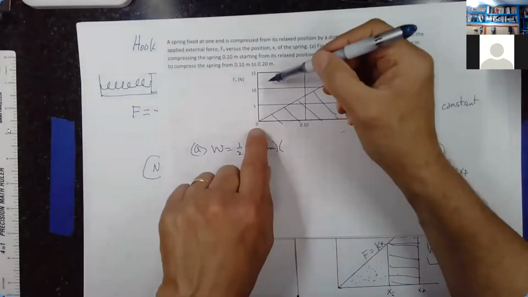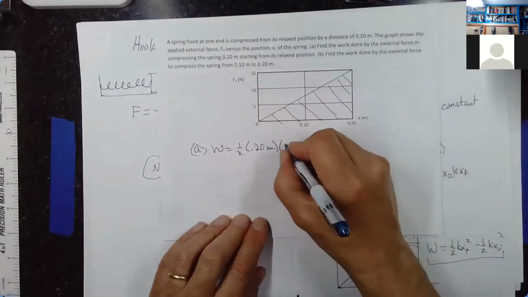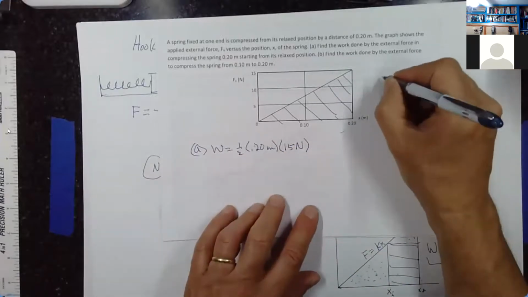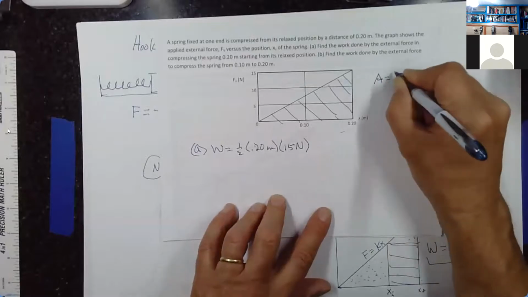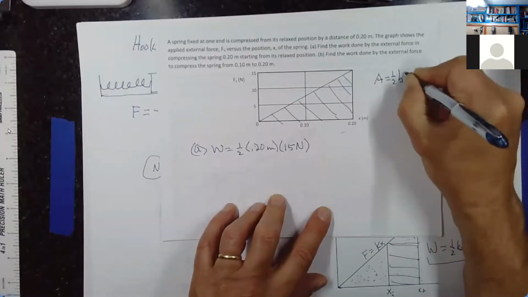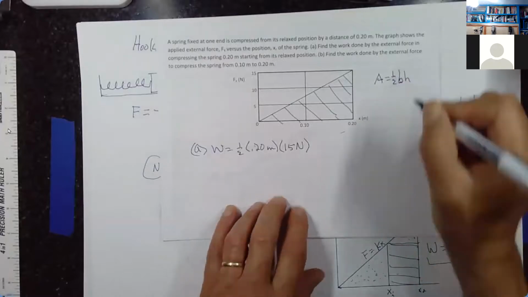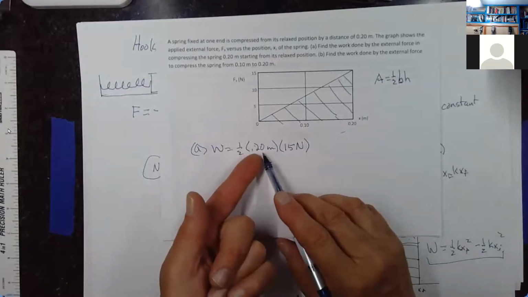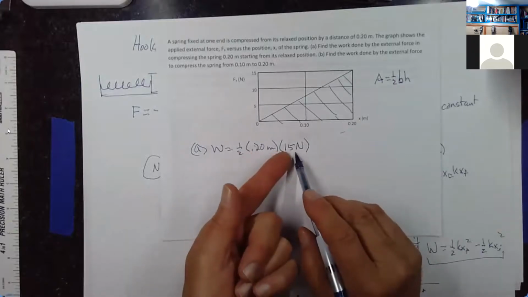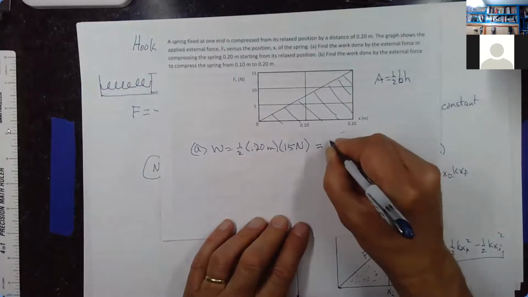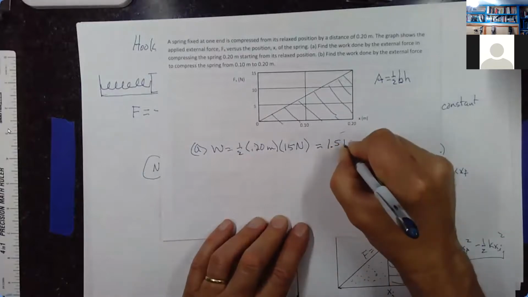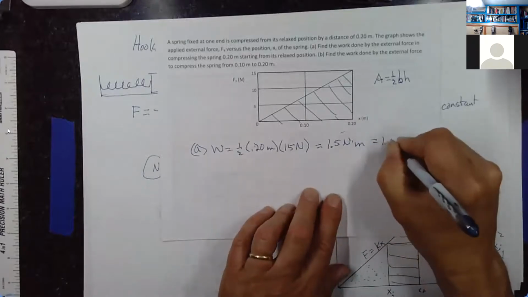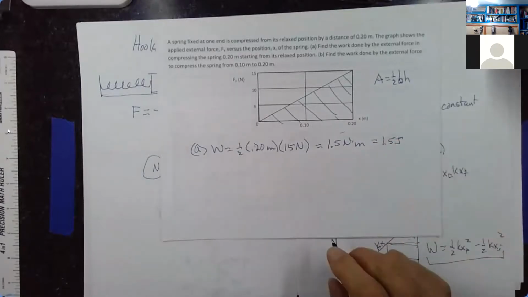The height is 15 newtons. And I've been rattling off this area of a triangle thing. Area of a triangle is 1/2 base times height. So anyway, 1/2 times 0.20 is 0.10. 0.10 times 15 is 1.5. So this would end up being 1.5 newton meters, but a newton meter is a joule, so 1.5 joules is what I'd have there.